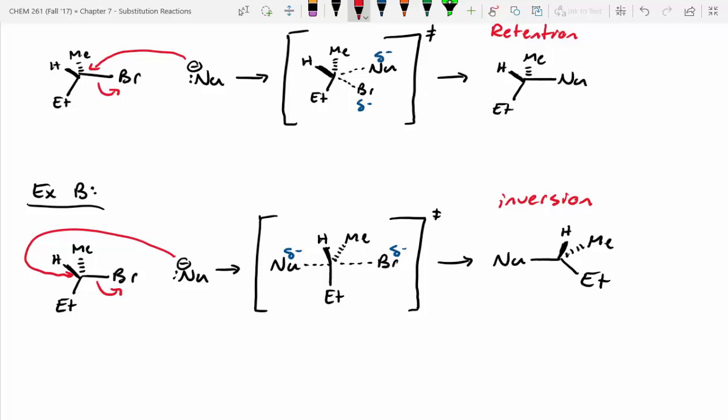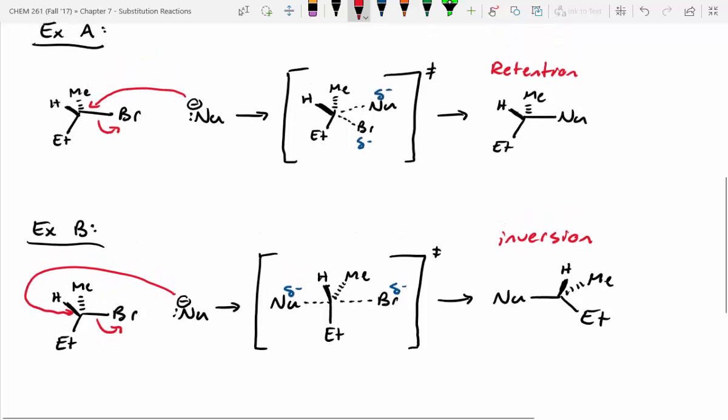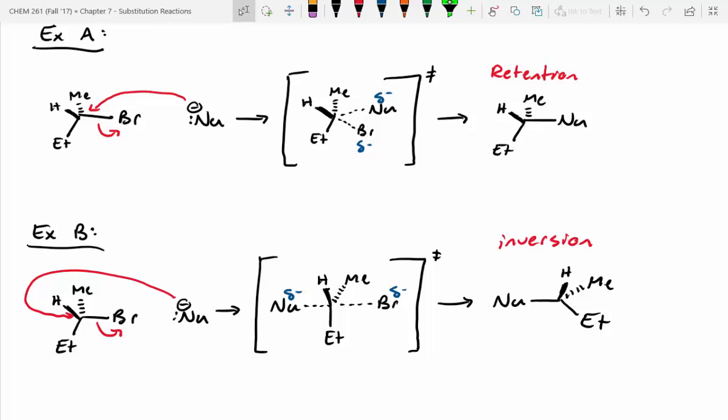All right, the easiest way to explain example B compared to example A is it's almost like an umbrella flipping inside out, right? So when the nucleophile hits it from the opposite side, what would we call this geometry? Pretend like there's a true covalent bond between the nucleophile and the carbon and bromine. It's a geometry you haven't seen since Gen Chem.